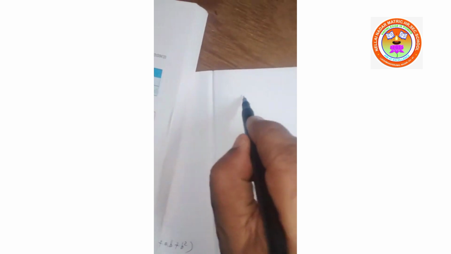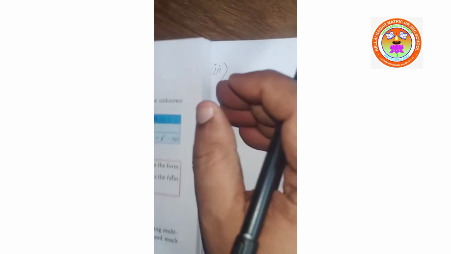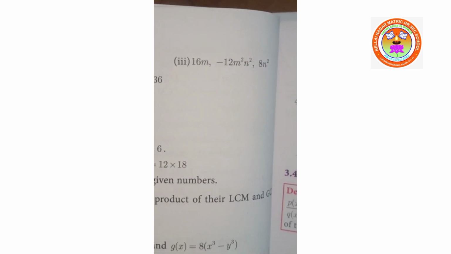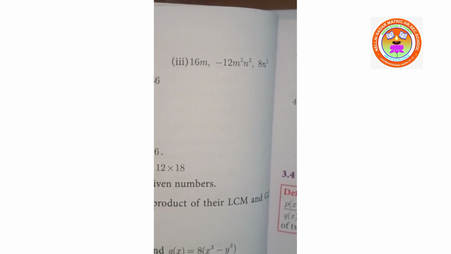Now third subdivision. Third subdivision. Question here it is. 16m minus 12m squared n squared 8n squared.